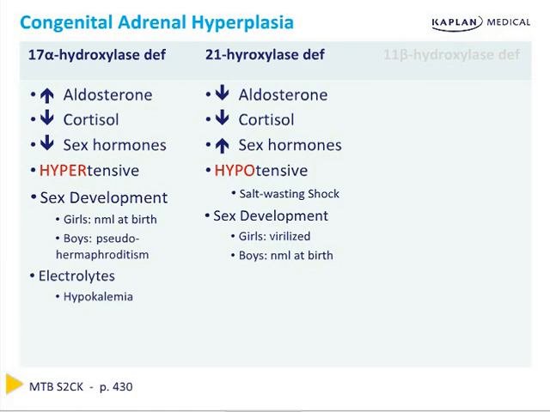They actually need the sex hormones, particularly testosterone, for the development of male genitalia. And the electrolyte disturbances are directly related to the absence of aldosterone and cortisol. They waste salt, so they're hyponatremic as well as hypochloremic, and specifically because of the lack of aldosterone, they end up hyperkalemic.